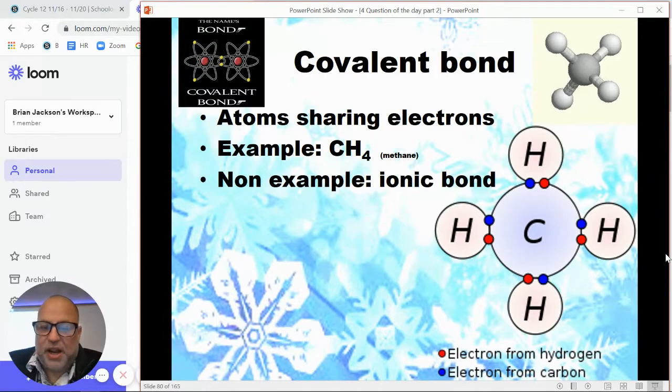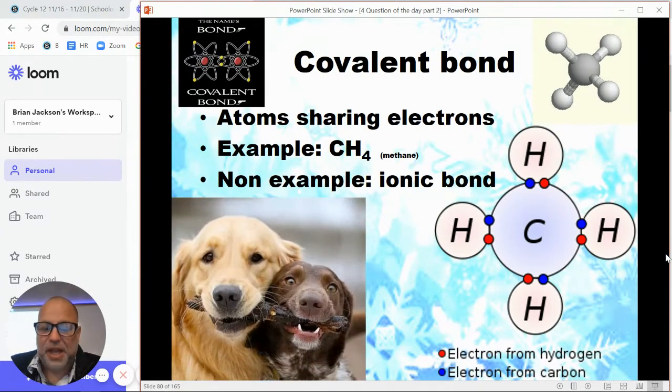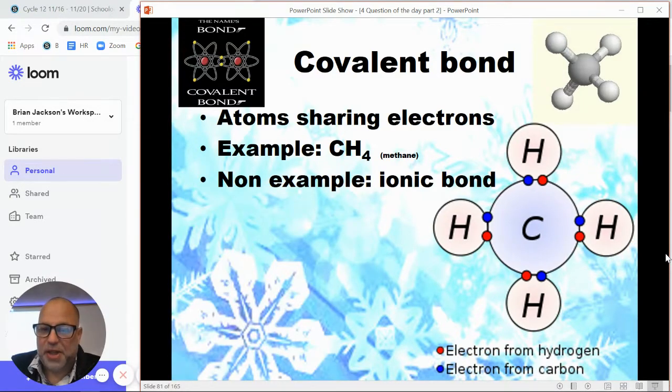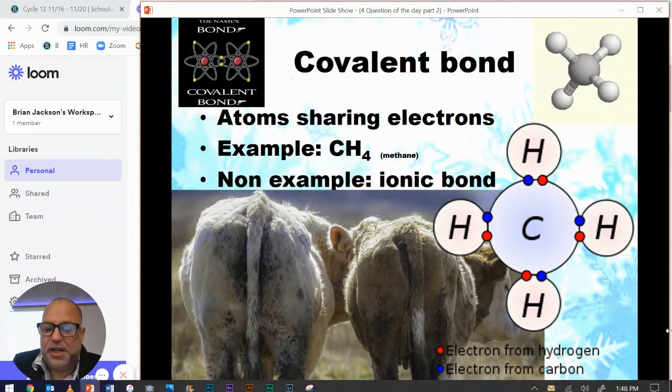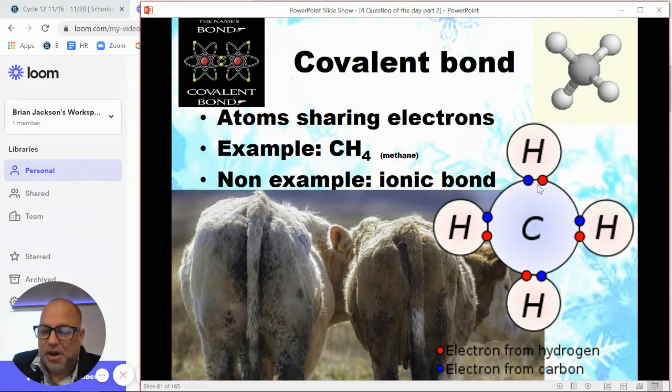Just like ionic bonding, there are tons and tons of examples for covalent bonding. One example is CH4, also known as methane. It's a great example of a covalent bond. You've got carbon in the middle. Carbon, maybe you remember from ionic bonding, has 4 electrons.